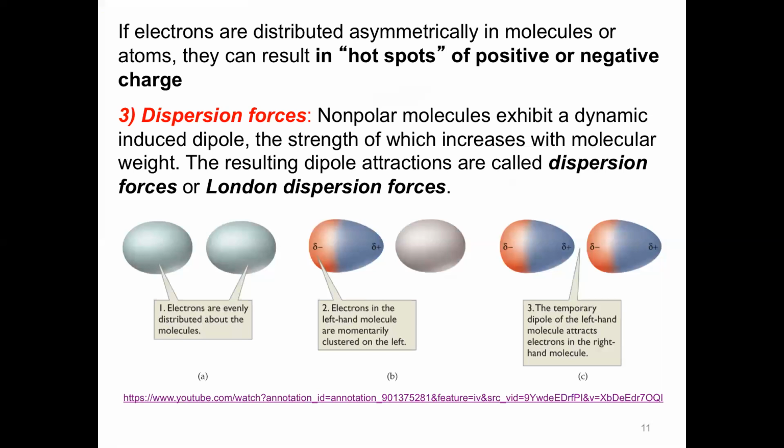But on the other hand, the electrons are moving. So what can happen is that we can develop an area that's a little bit more negative and a little bit more positive, and it's temporary because the electrons are moving, but it's interacting with another one of its partner molecules, and it can induce another type of switchover in the electrons in the neighboring molecule. Remember, this is transient.